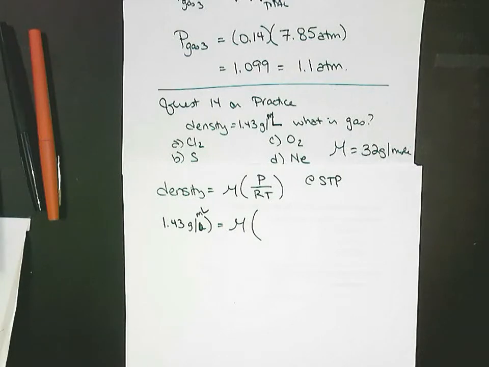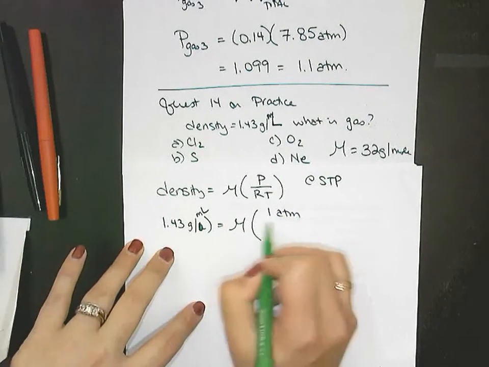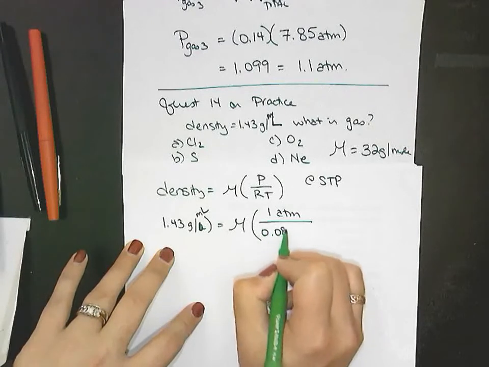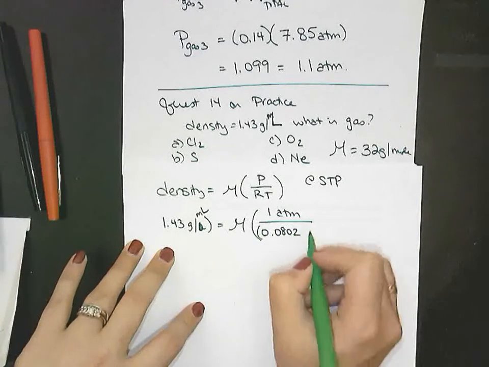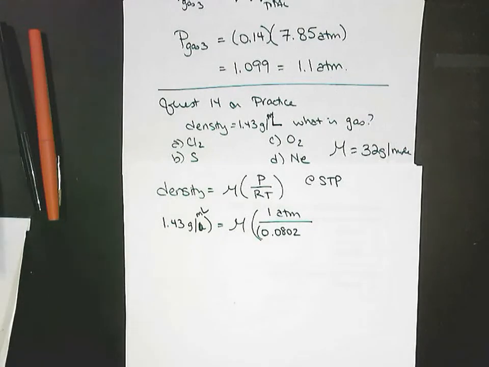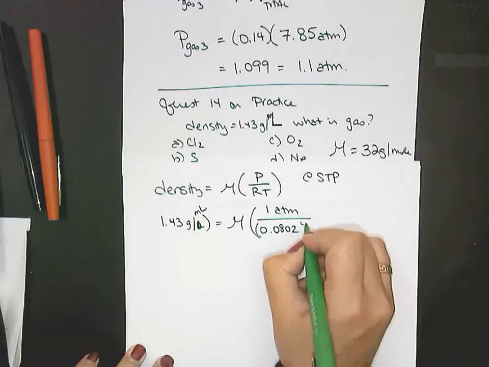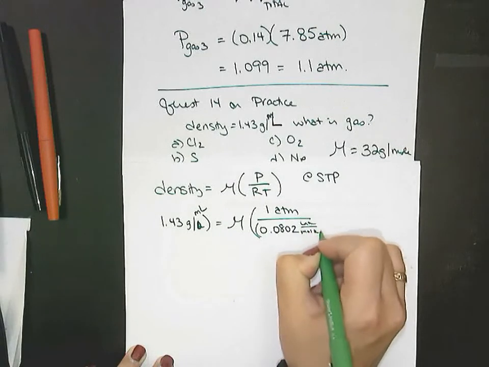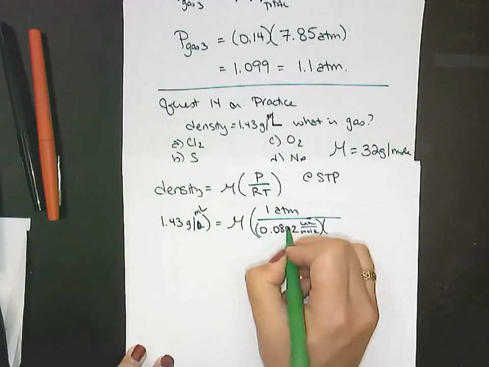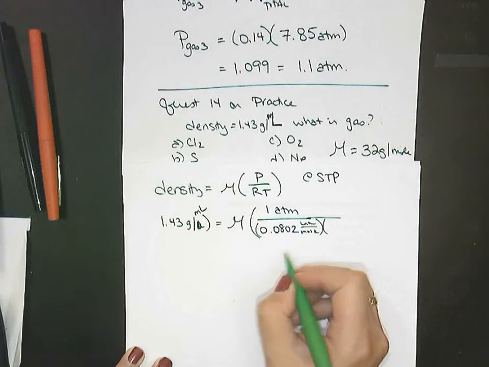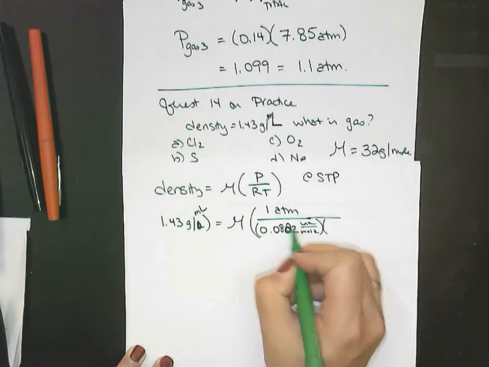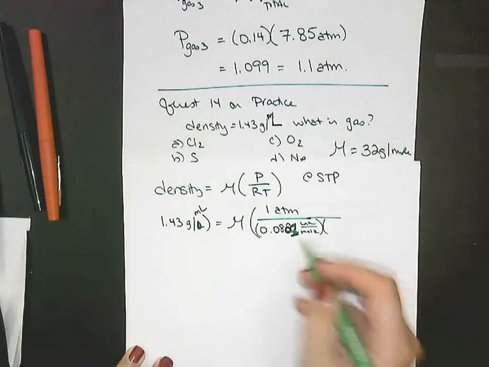All right, so if it's at STP, what's the pressure at STP? 1 atmosphere. And R is the gas constant, which I think I gave you someplace. It's 0.0821 liter atmospheres per mole kelvin.